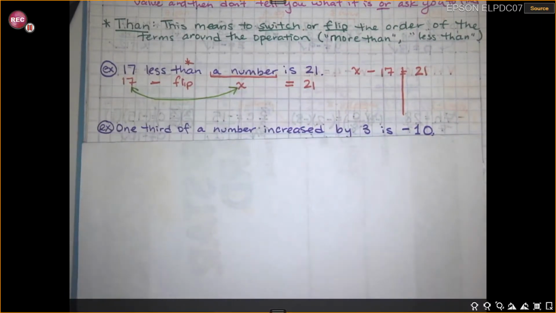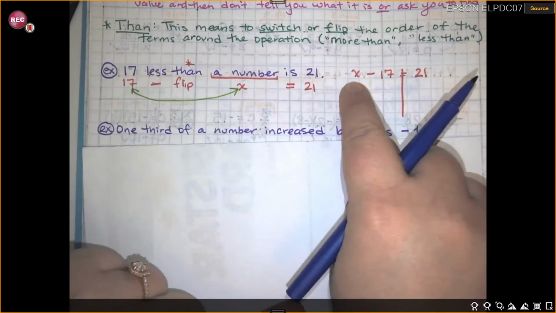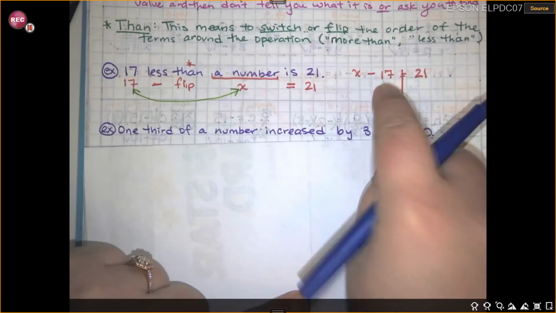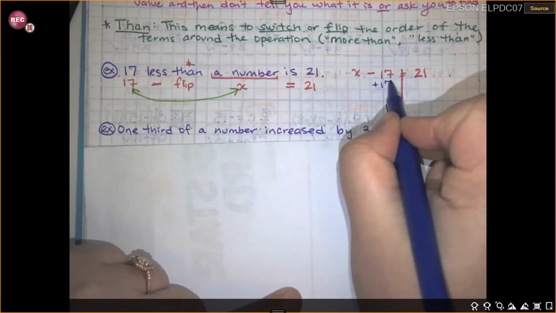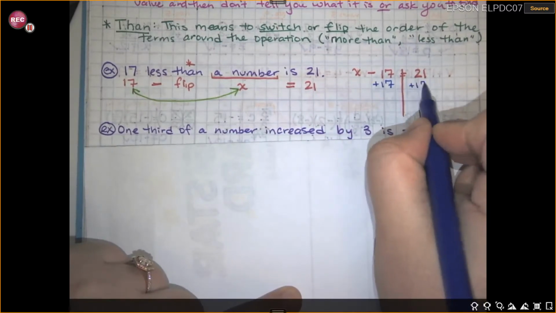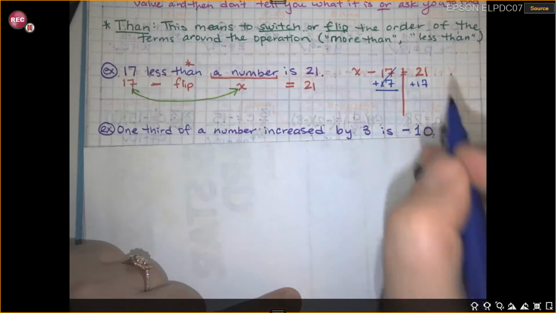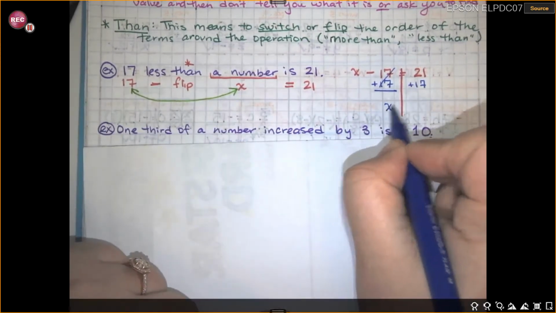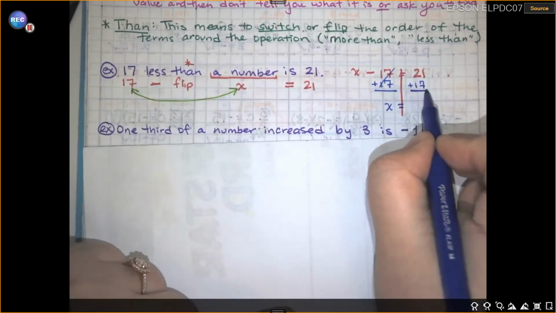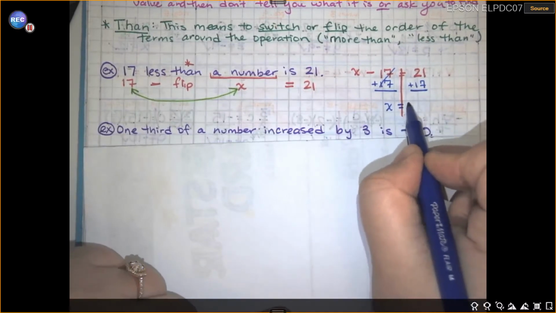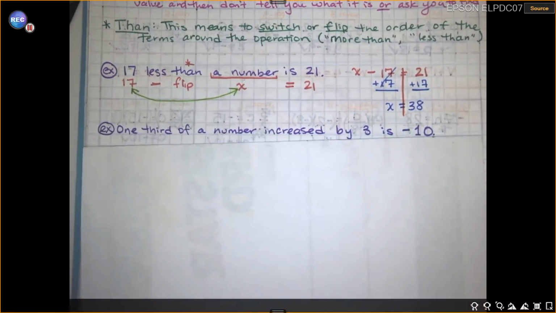Then from here, all you have to do is solve. So we have x minus 17. So we're going to do the opposite, or undoing, which is to add 17 to both sides. So here, those go away, and you just have x equals, and then 21 plus 17 becomes 38.